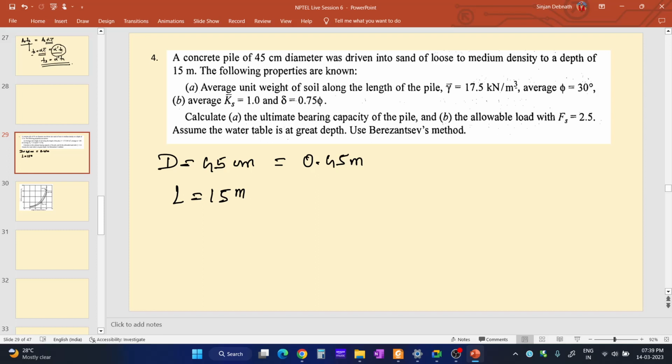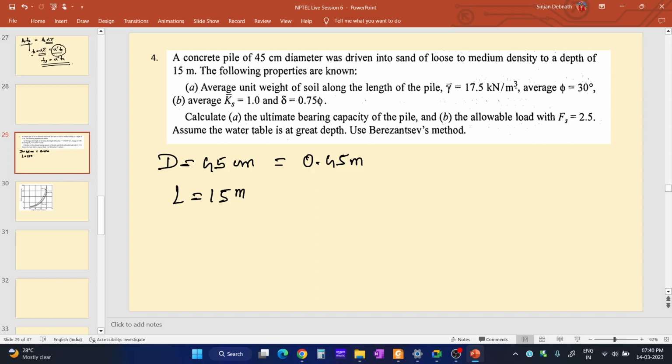The average unit weight of soil along the length of the pile is given. It is 17.5 kilonewton per meter cube. Average phi is also given, which is 30 degrees. Average Ks value, that is the average lateral earth pressure coefficient, is also given. It is 1. And delta, that is the angle of friction between the soil and the pile, is 0.75 of phi.